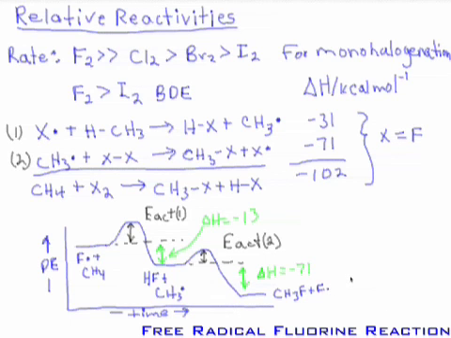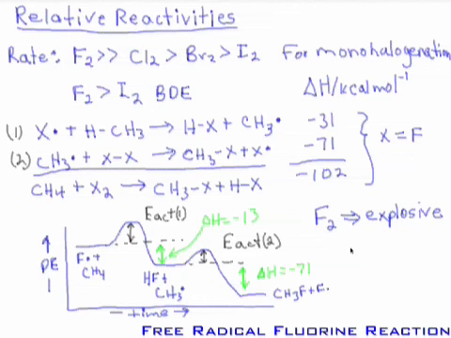So why is F2 more reactive? You have small energy of activations, you have a large amount of heat energy being released. That heat energy can be absorbed by the reactants to overcome the energy of activations, and the reaction progresses faster and faster and faster. F2 reactions, because of this, are typically explosive. And as such, halogenation reactions with F2 are usually avoided.